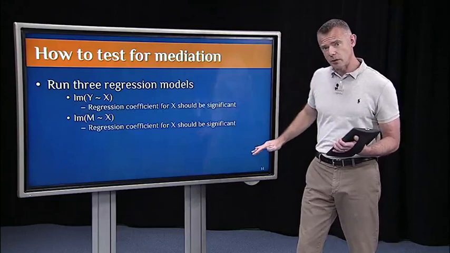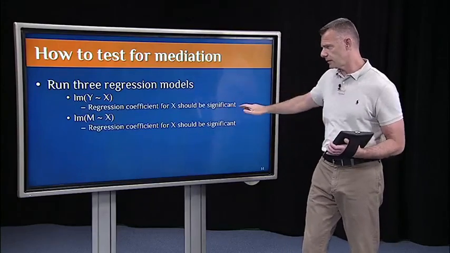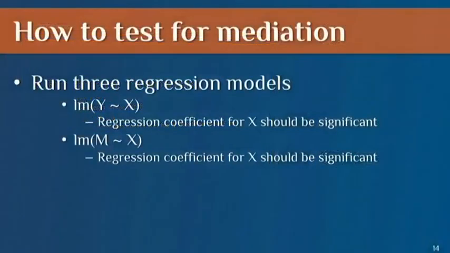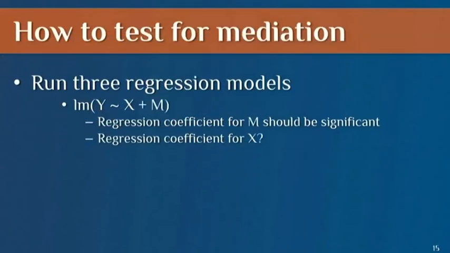So for mediation to occur, obviously, as I said, we're going to need a significant regression coefficient in that first analysis. We're going to need a significant regression coefficient in the second. And then in the third, again, the critical question is what happens to the regression coefficient for x.